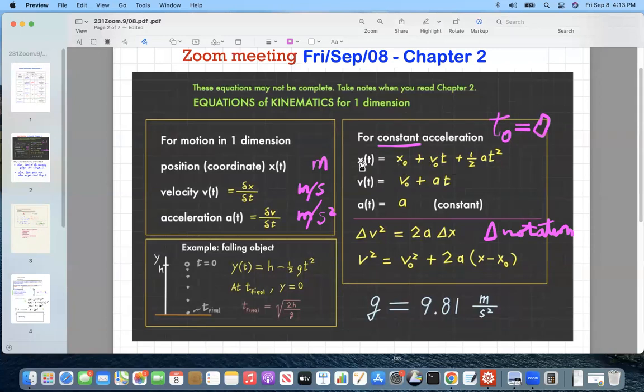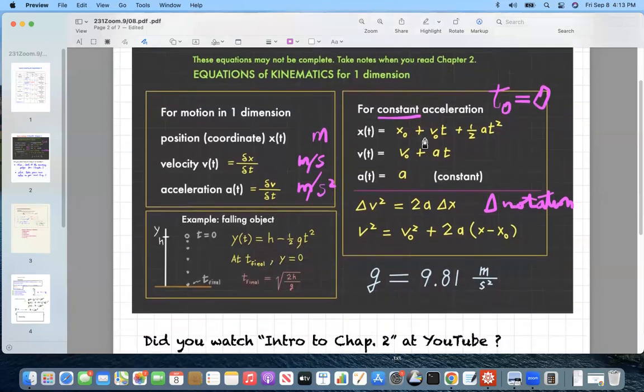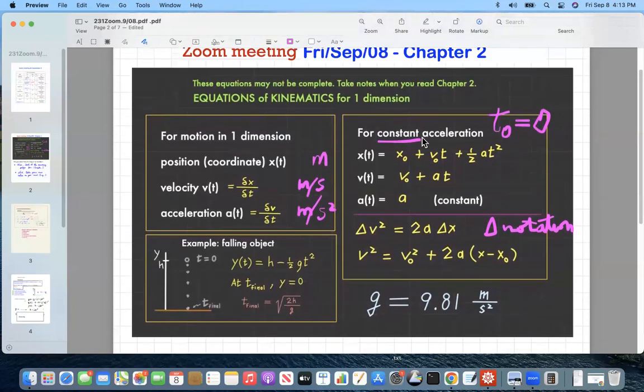Then x0 is the initial position, because if I set t equals 0, these two terms would be 0, and I would just have x at time 0 is x0, the initial position. Similarly, v at time 0 is the initial velocity. All right, so in the future, we'll also consider problems where the acceleration is not constant. And then we can't use these equations.